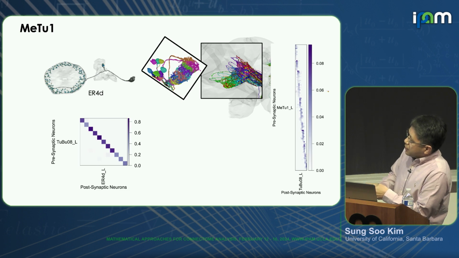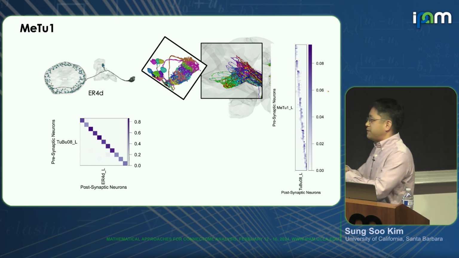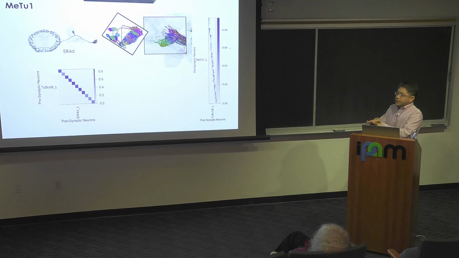And also, interestingly, each Tu-Bu neuron, in this case the specific type of Tu-Bu neuron is Tu-Bu 8, is connected to a single ring neuron. This is one-to-one connectivity, with only very minor interaction between neurons. So it is just a one-to-one connection.